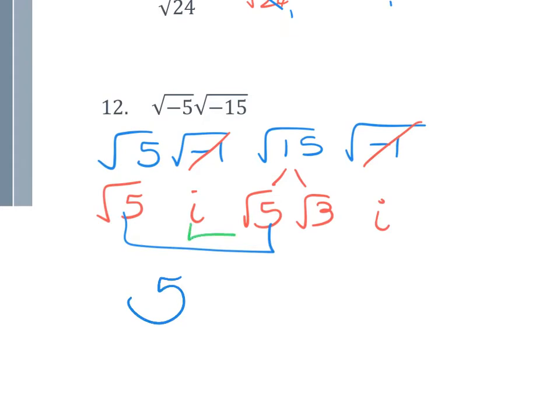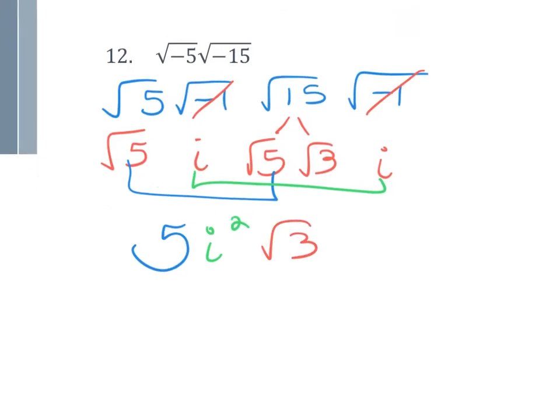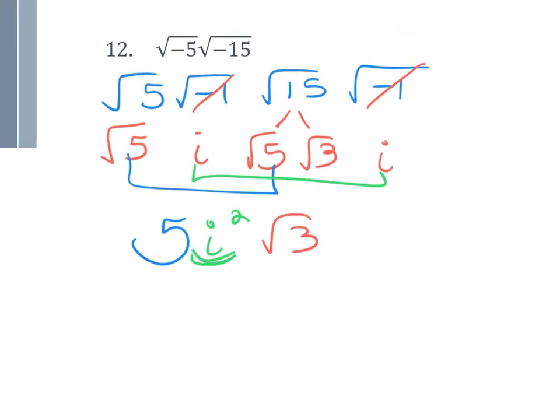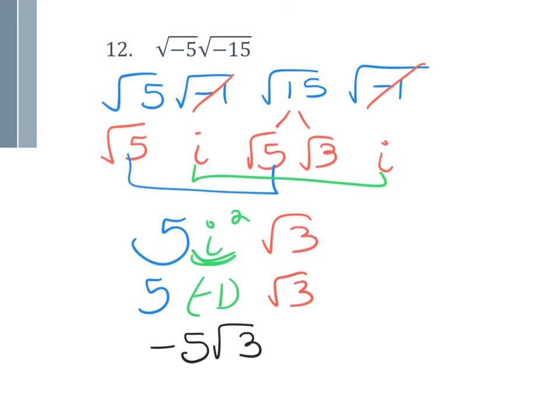I multiply the i's, I get i squared, and then the 3 stays under the radical. Simplify the i squared to negative 1. Multiply that, and the final answer is negative 5 square root 3.